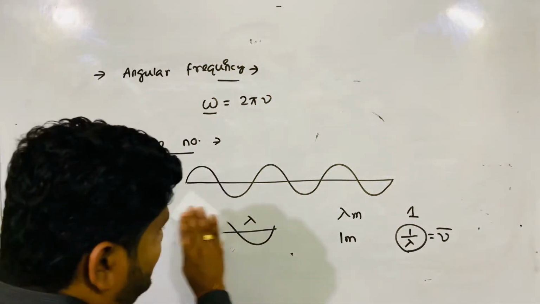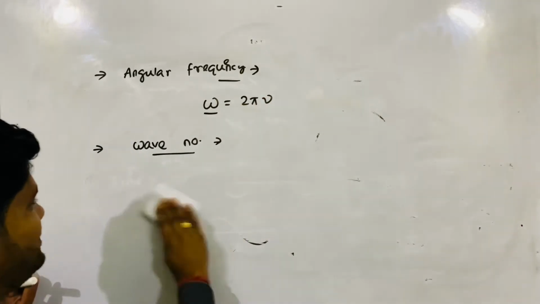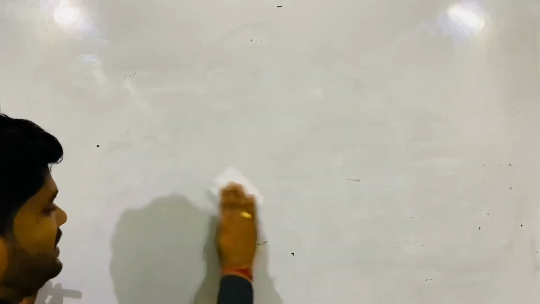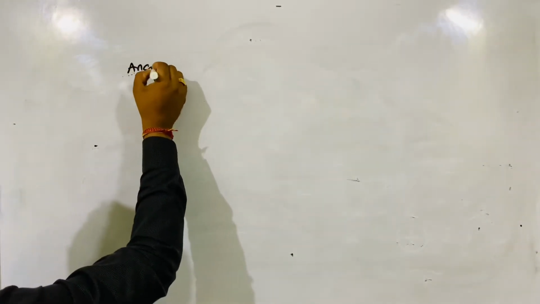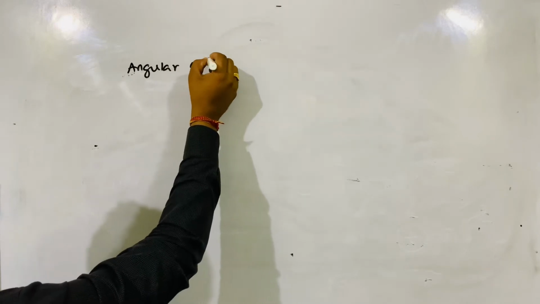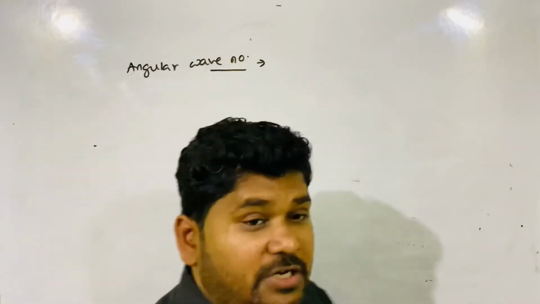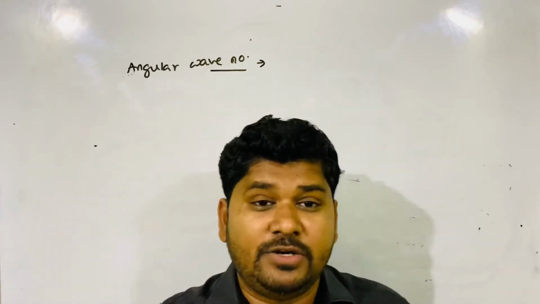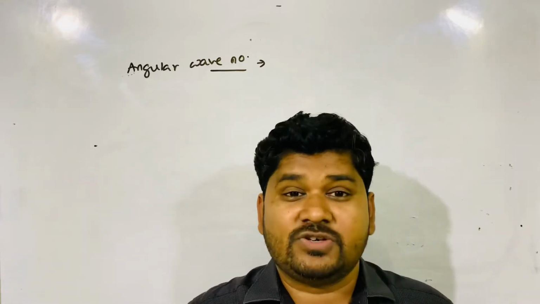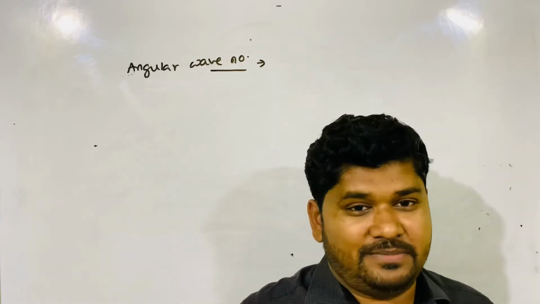Next, what is angular wave number? Let's come to angular wave number. The product of wave number with 2 pi is called angular wave number.